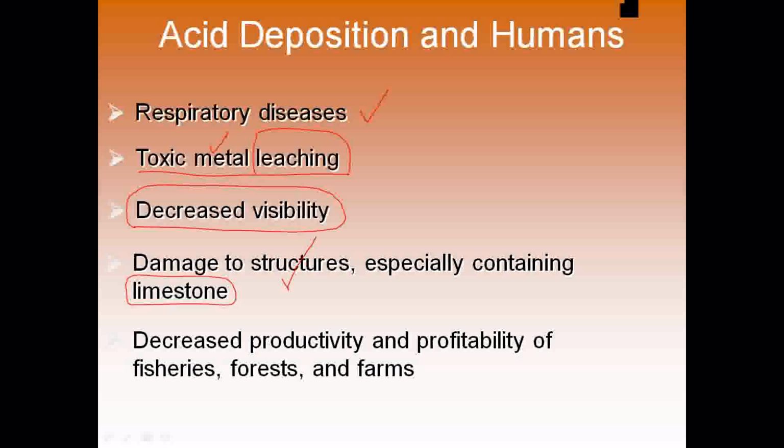And then, of course, as far as humans are concerned, if you're a fisherman and you live in it and you depend on that fishery, you know, that lake or that ocean, to provide you your livelihood, or you're a forester, guy that cuts down trees, makes, you know, tables, furniture, whatever, and that forest is damaged, or if you're a farmer, these different places have an effect on humans. It's sad enough that it's killing the organisms and destroying the ecosystem, for instance for forests, but it's also harming humans in terms of productivity and profitability.